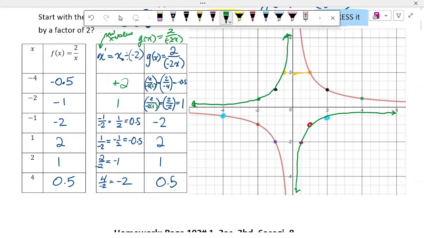Long story short, when we multiply a function by a big number, we stretch it up. If we divide it by a number, or multiply it by a decimal, which really means the same thing, instead of stretching it up, we compress it. And if we multiply the whole function by a negative number, we didn't do this yet, but it will flip.